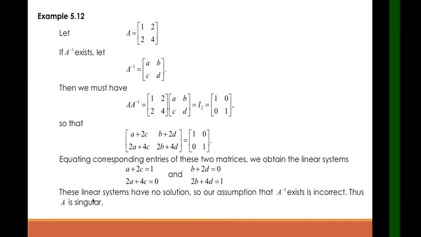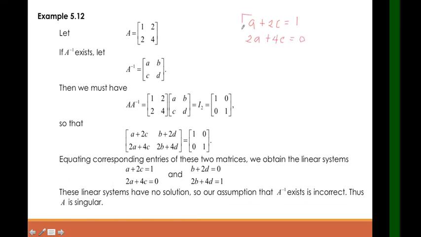Tignan natin. Okay, I already discussed this in lesson 1, yung no solution. So let's see. In this portion, we have A plus 2C equals 1, 2A plus 4C equals 0.